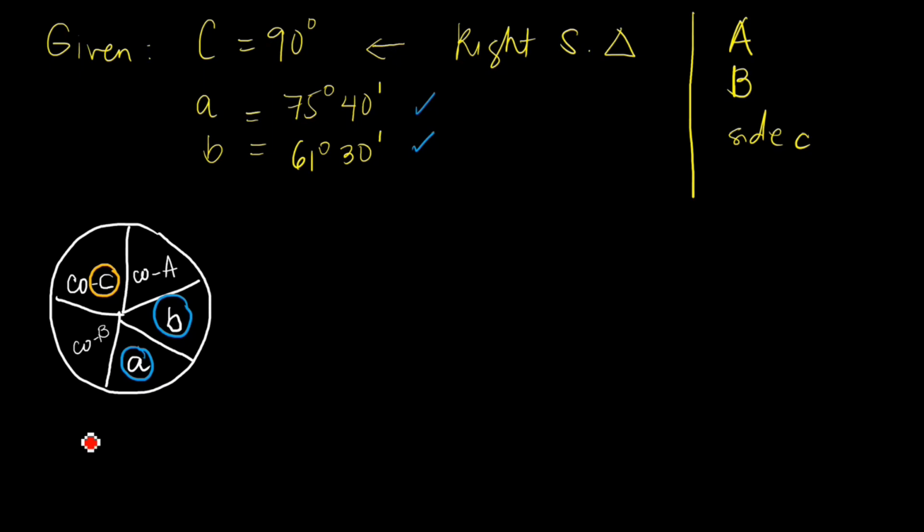So let us label first. We can see that A is beside B, so these two are adjacent with each other. Looking at side C, side C is opposite A. It is also opposite B. So we can say that this one is our middle part, and these two are opposites.